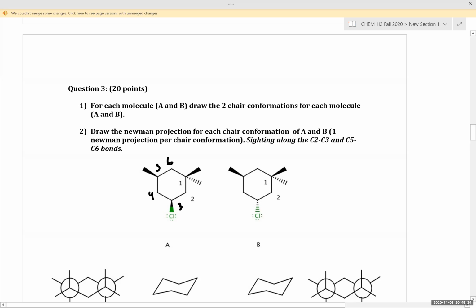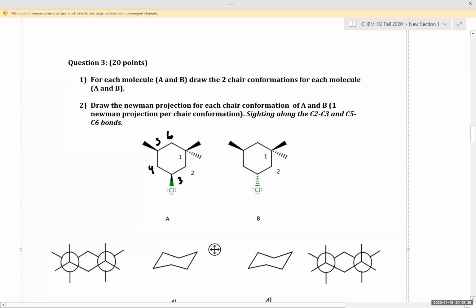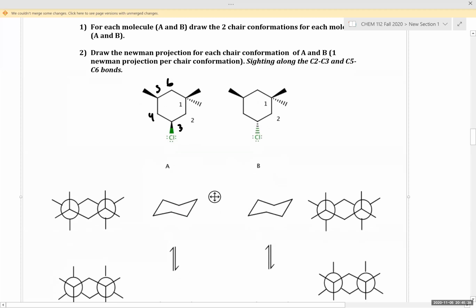Okay, so let's get started with that then. In my chair conformation, I'm going to arbitrarily start at carbon 1. It's completely arbitrary, but it's my starting point.